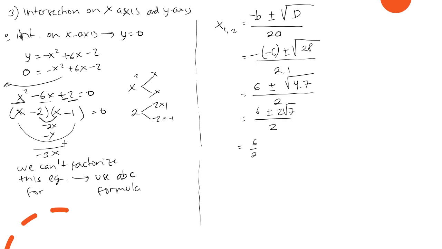Now 6 over 2 and 2 square root of 7 over 2 can be divided, so 3 plus minus square root of 7.